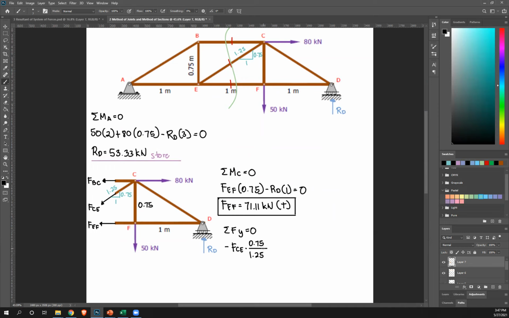Next, let's look at other vertical forces. We have 50 downward, so minus 50. We have RD. RD is positive, therefore upward. There's no other vertical force, right? So equate that to 0. Please solve for FCE.